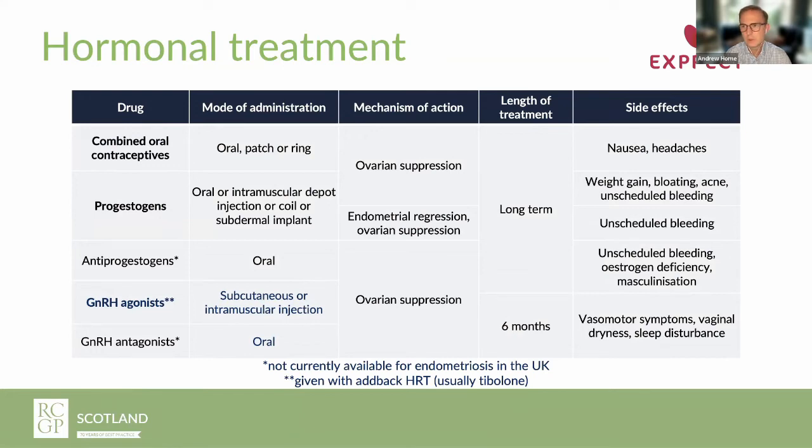GnRH agonists, which as I say are given with add-back HRT, and just about to become available in the UK are GnRH antagonists, which are thought to have a better side effect profile and can be given orally, unlike the GnRH agonists, which are given usually by a monthly subcutaneous or intramuscular injection.